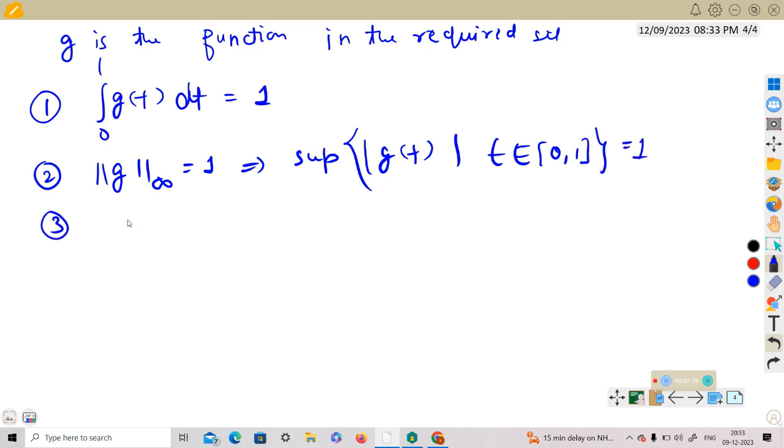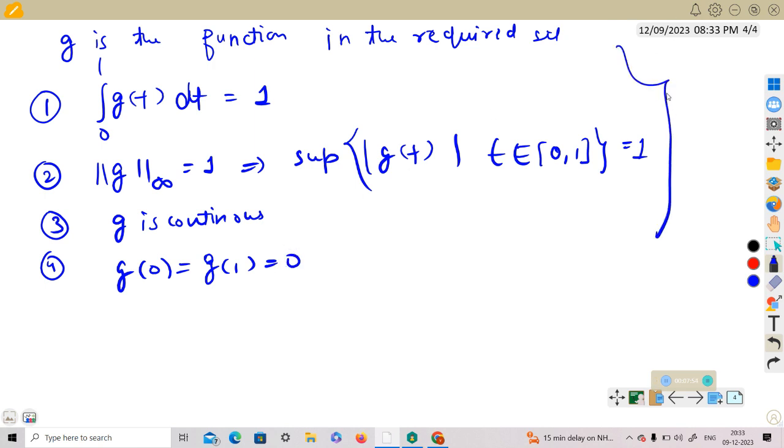Third, g is continuous, because we are in the continuous function space. Fourth, g(0) is equal to g(1) is equal to 0. And my question is, is it possible for a continuous function to satisfy all these properties?